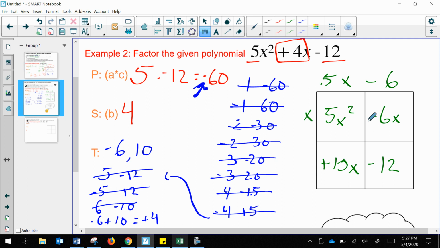Since I have this negative here, but my leading coefficient is positive, it's just going to be positive 1. 10x, negative 12. The greatest thing I can divide out of both 10 and 12 is going to be 2. And since that leading coefficient is a positive 10, it's going to be a positive 2.